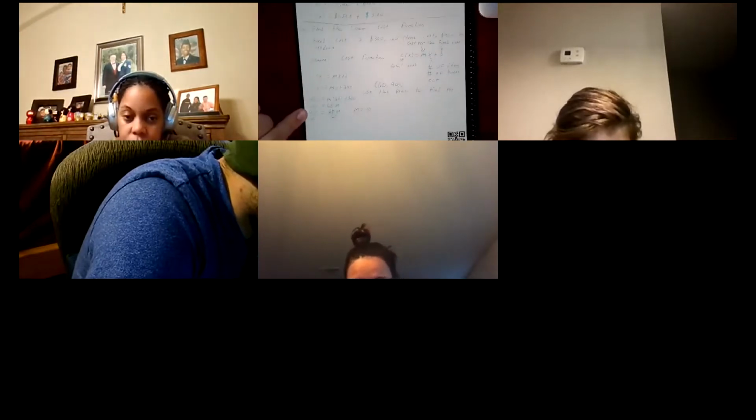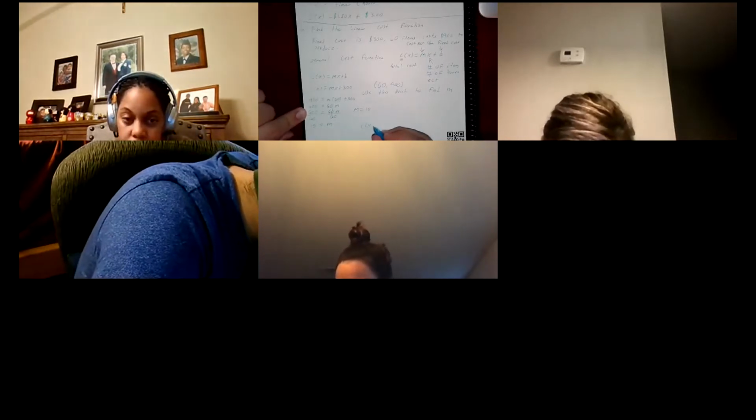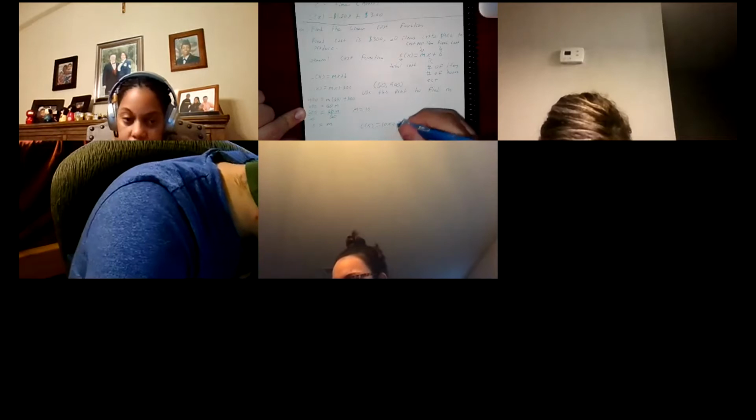So M is equal to 10 when you divide this out. So the cost function will be 10x plus 300.